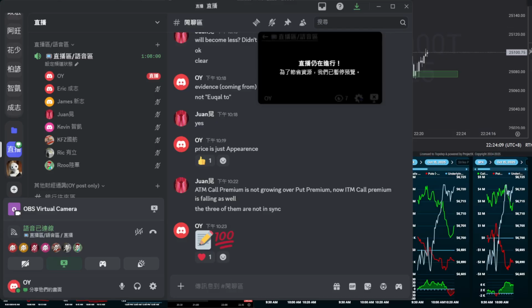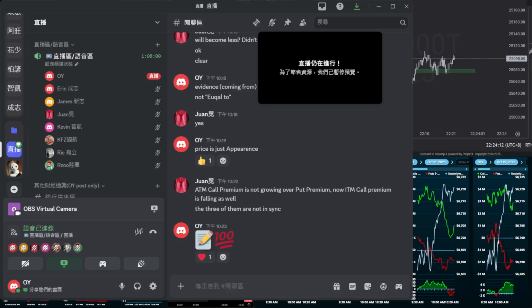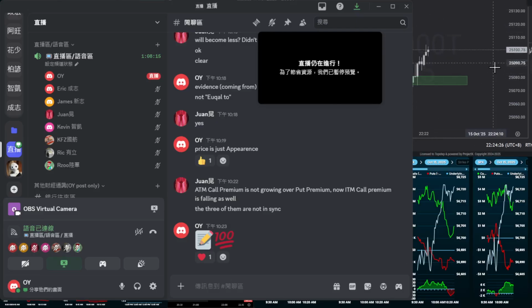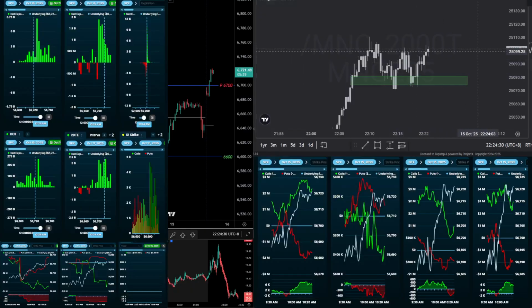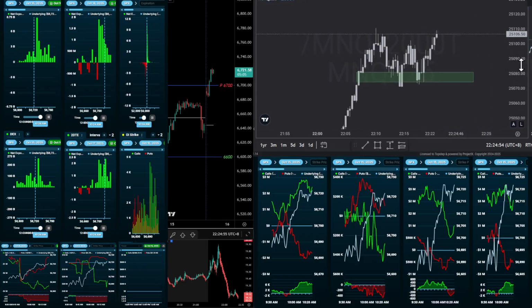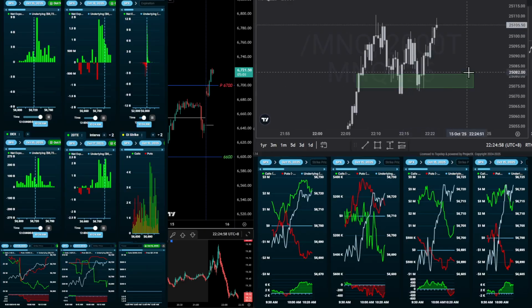Okay. I want to go deeper, go further, talking about the situation right here. Although, like you said, we don't have the three grids in sync, the three moneyness premiums are not going the same bias, I want to go further, talk about the green rectangle over here.